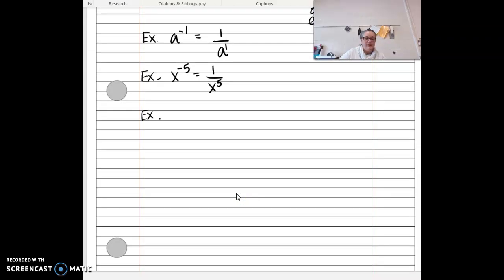If I give us, I don't know, 1 over a to the negative fifth, we're going to flip this fraction, so I get a to the positive fifth over 1, which is a to the fifth power. If I get 2 to the negative 8, I get 1 over 2 to the positive 8, which would be 1 over 256. So you're just flipping your fraction and making the exponent positive.